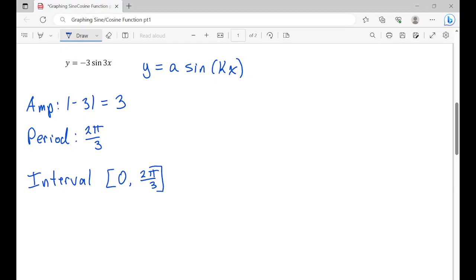Now, again, I need to find out how this graph is going to look. So I start my setup here, and I know my amplitude is 3, so 1, 2, 3 up, and 1, 2, 3 down. So it's going to go as high as here and as low as here. And sine starts off at 0, 0, but my a value is -3.